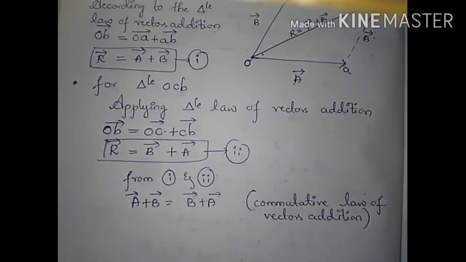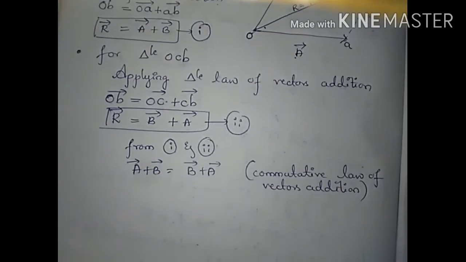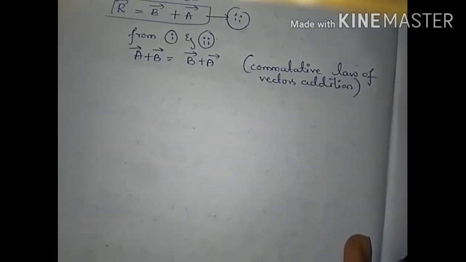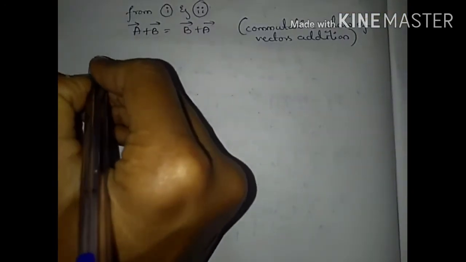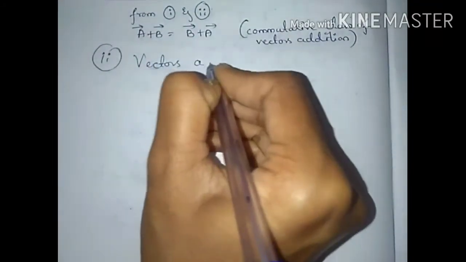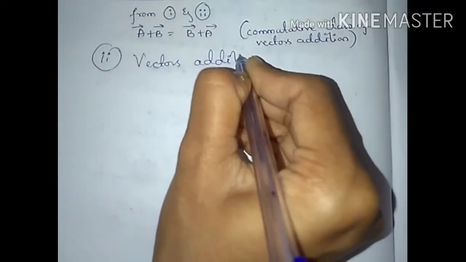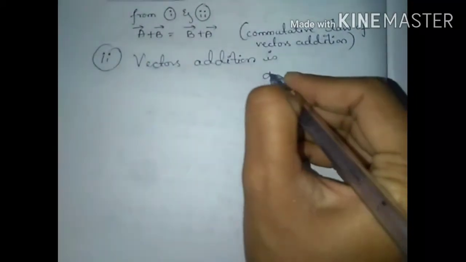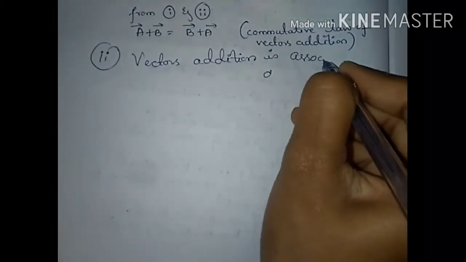So next, let us understand vectors addition is associative.